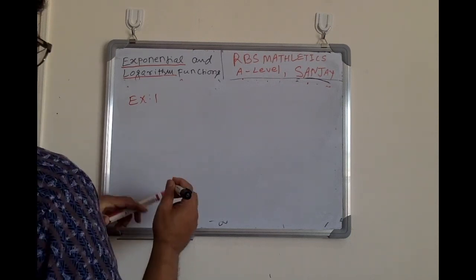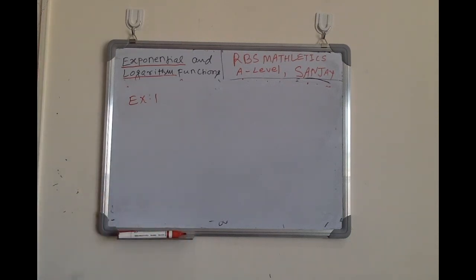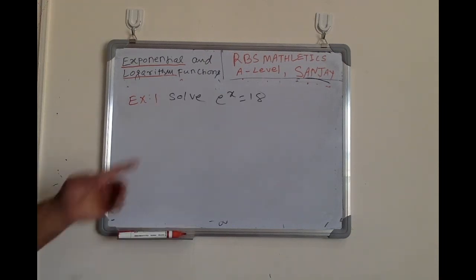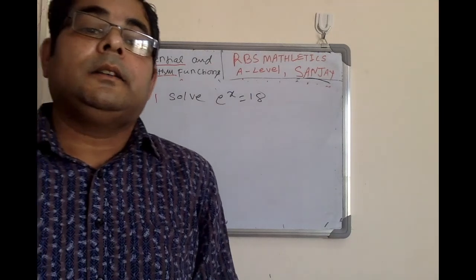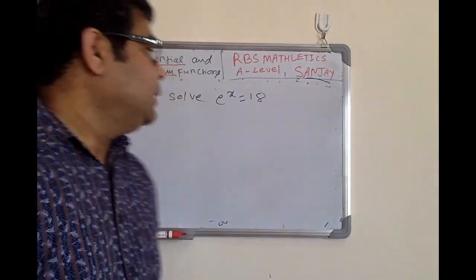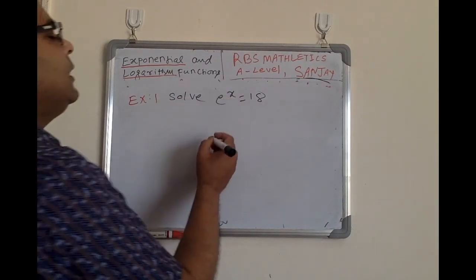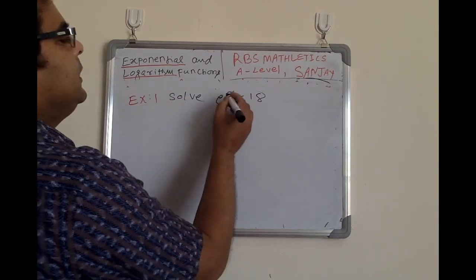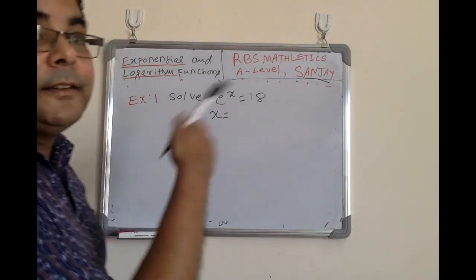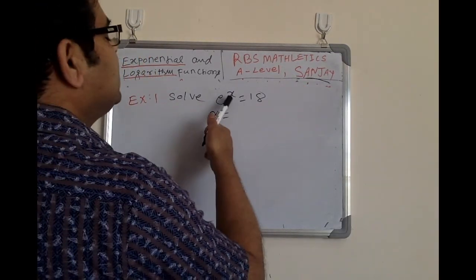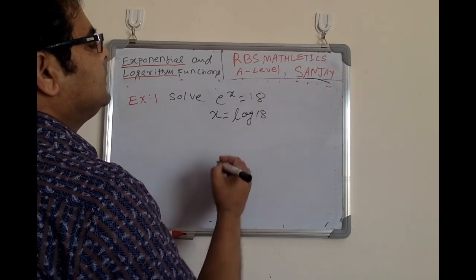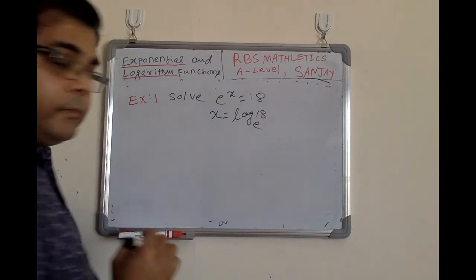In this case, the example I am taking is: solve e^x = 18. This is in the exponential form, and we are definitely going to form the natural log. So if you convert into log, what is happening? Here x is called, in the way I define the logarithm, x is called the logarithm of 18 to base e.